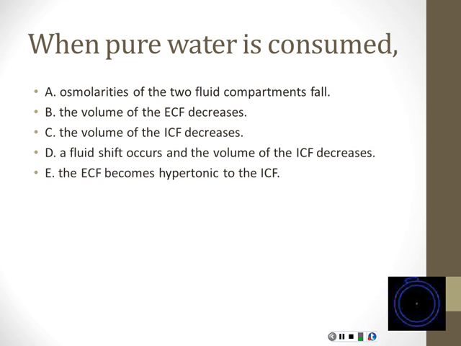So in the end, the whole volume of both will have gone up because the water doesn't stay where you put it. It moves around. But if we take a fixed amount of water and solute and we add pure water to the whole thing, the osmolarity is going to go down, because we've added water, we've diluted it. So the answer there is A. Both compartments' osmolarity will fall.